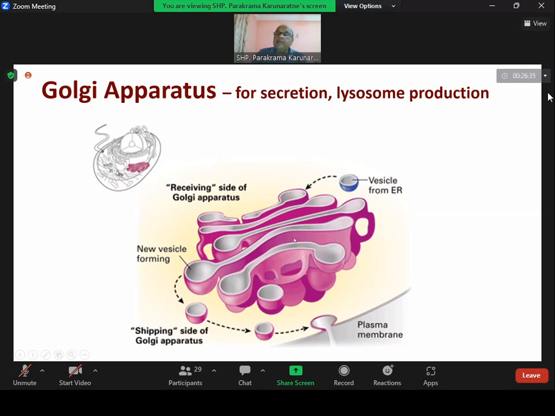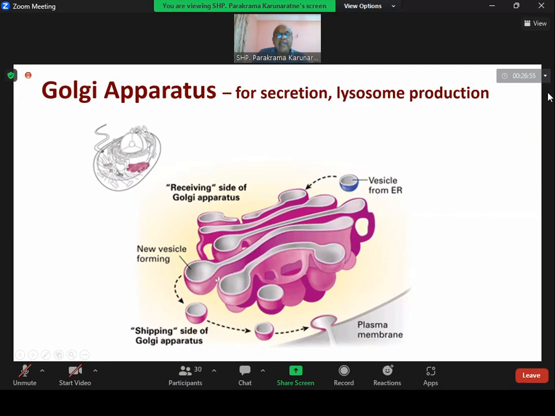Various things are added to these proteins inside the Golgi apparatus. For example, it can add different minerals, carbohydrates, lipids or other things to these proteins, and then they export it from the cell.